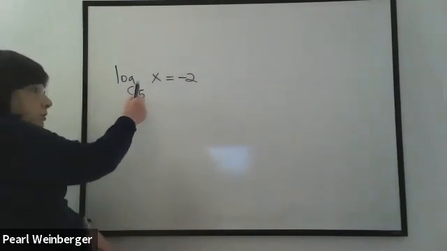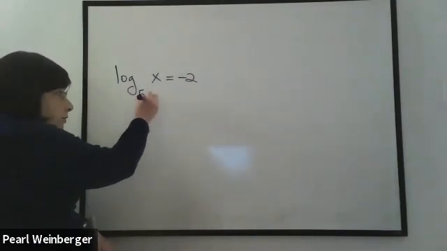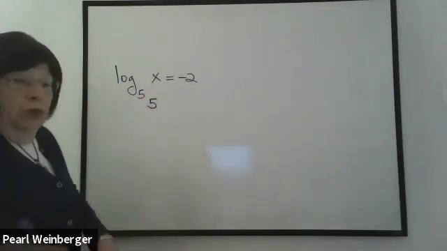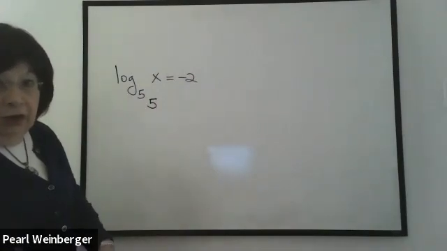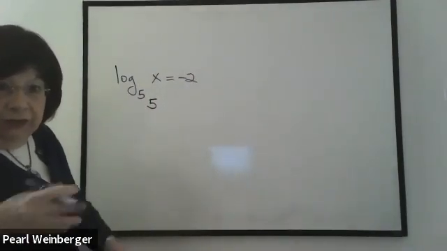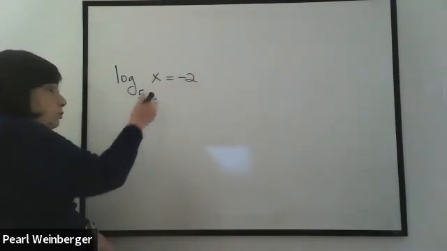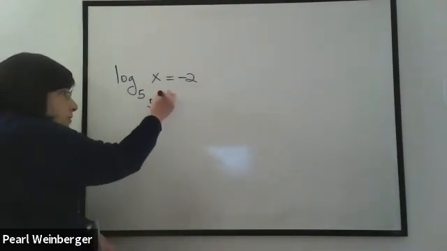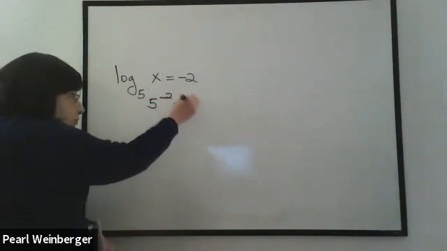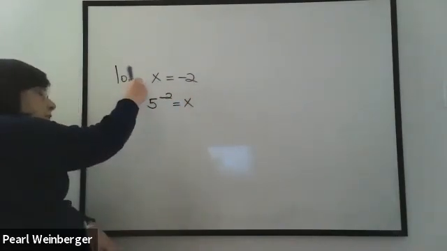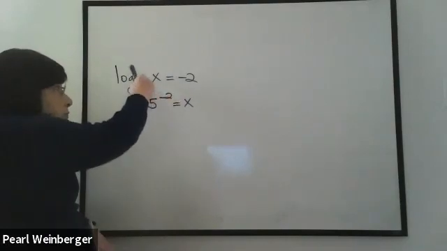Well, our base is always a subscript, so it's 5. What is our exponent? Our exponent is the number that's on the other side of the equation, which in this case is -2. So this means 5 to the -2 equals x. It always equals the number that's next to the word log.